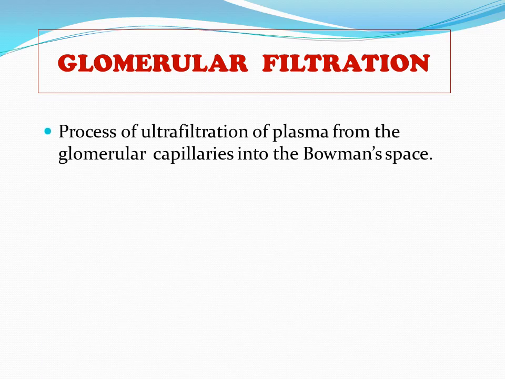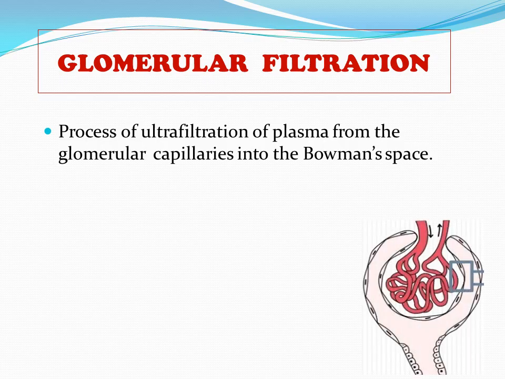Now coming to today's topic, glomerular filtration. That means the filtration of plasma through the glomerular membrane. GF means the process of ultrafiltration of plasma from the glomerular capillary into the Bowman's space. So let's look at this.